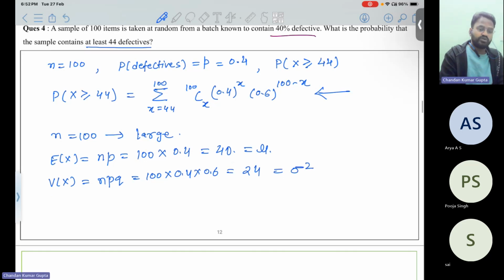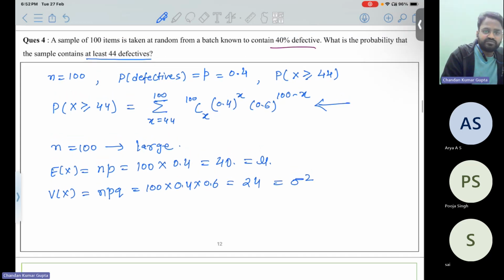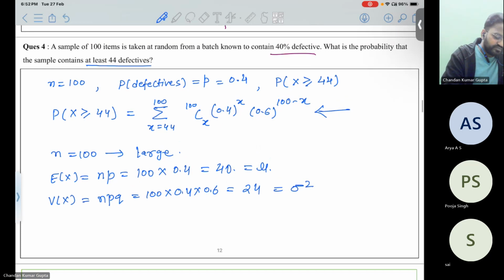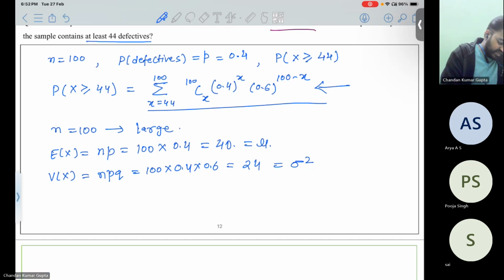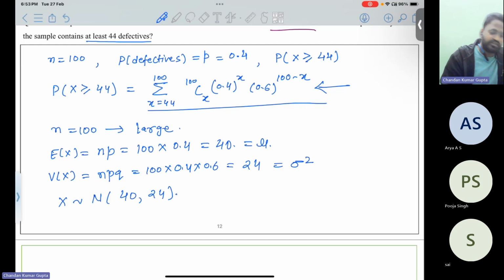So now we approximate this as a normal distribution. Is it clear now? It is simple, because it is very tedious to solve this question, so we will use the approximation. Now x follows normal with mean mu equal to 40 and variance 24.